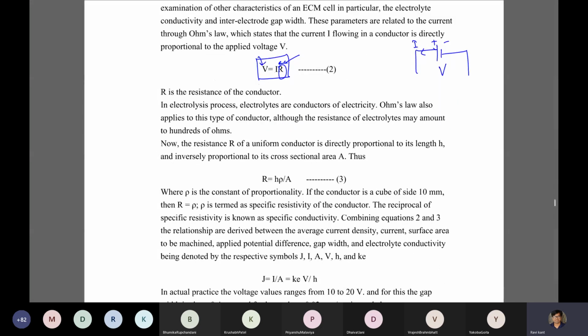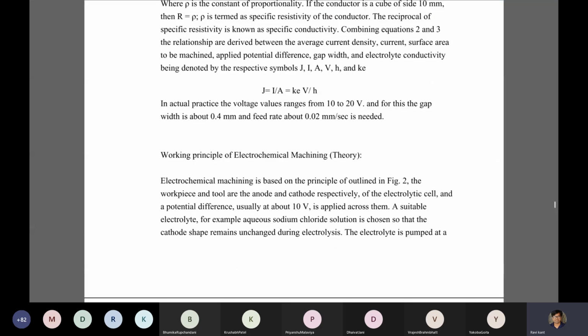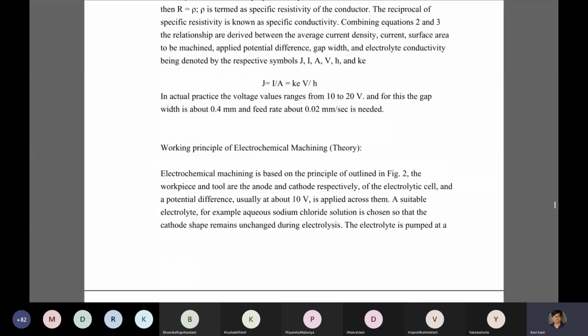This resistance can also be thought of in terms of resistivity, area and conductance. Fine, I'm skipping these things, as this is not that necessary.